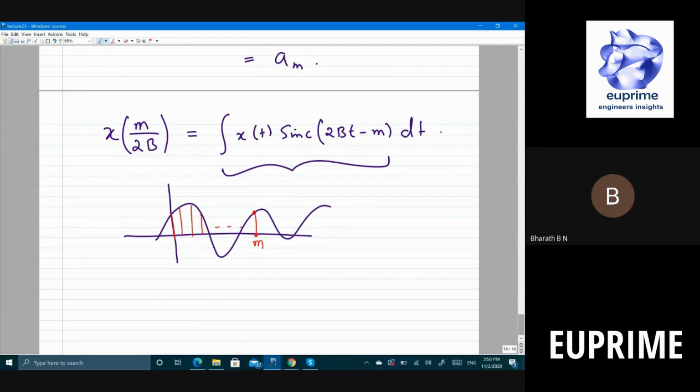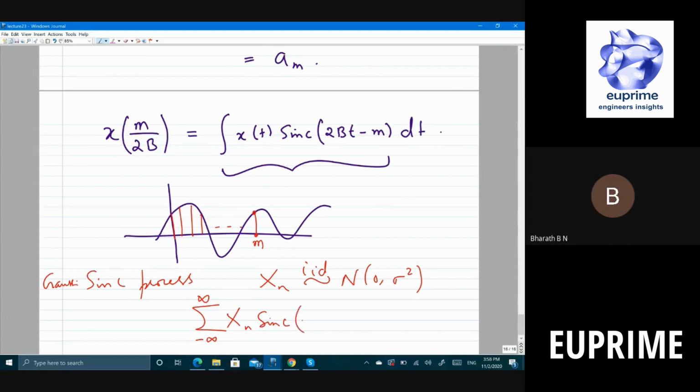Okay. Now there is something known as a sinc Gaussian process, or Gaussian sinc process. You take, for example, an IID sequence xn with 0 mean and variance sigma squared, and then sum over n from minus infinity to infinity of xn sinc of 2bt minus n.